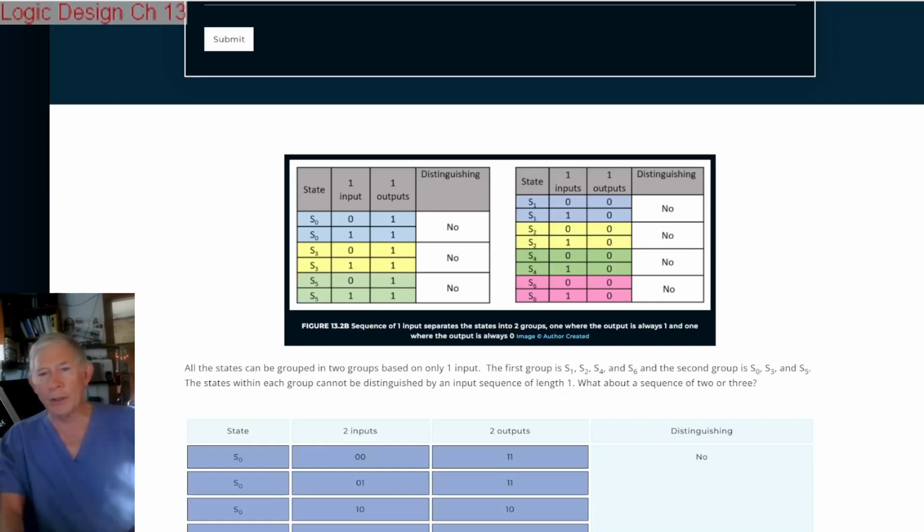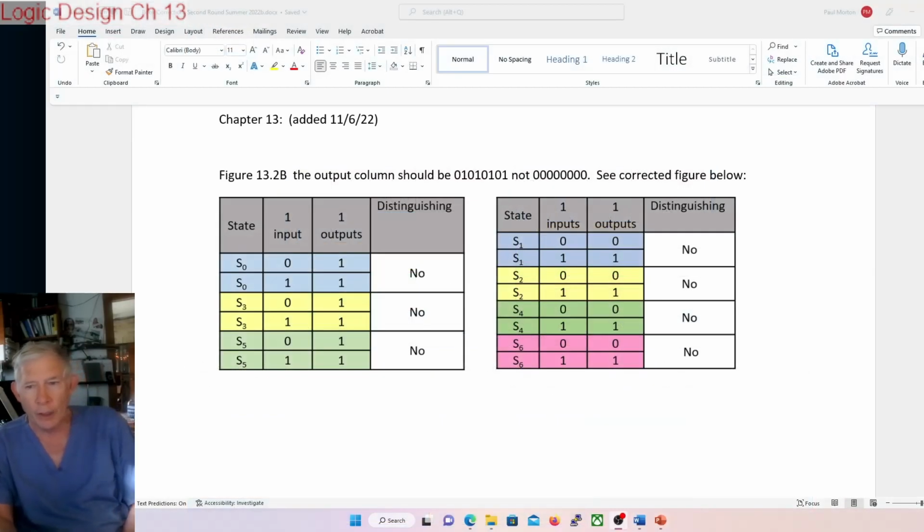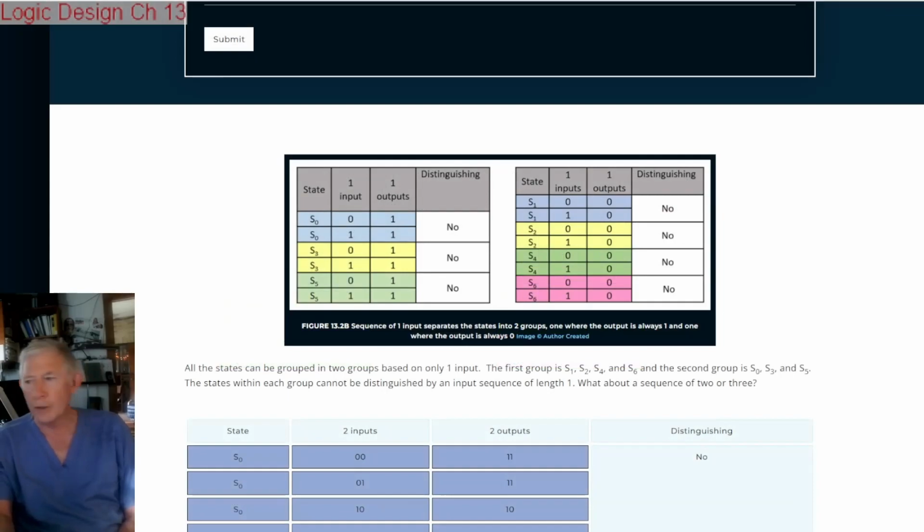Okay, so let me show you what the corrected table should look like. It won't be changed in the book probably for a while, but here's what it should look like. So you see the columns here should be 0, 1, 0, 1, 0, 1, 0, 1, instead of 0, 0, 0, 0, 0, 0, 0.